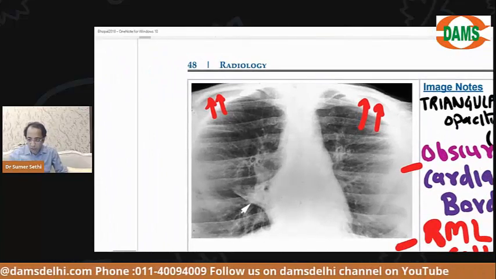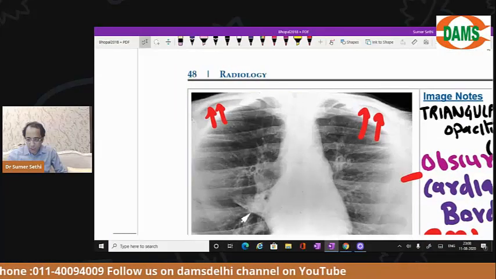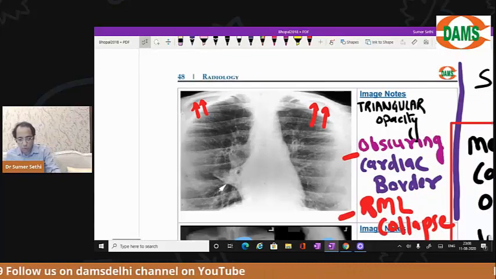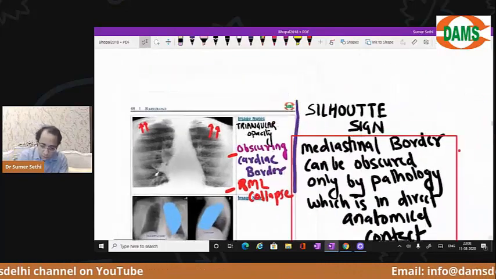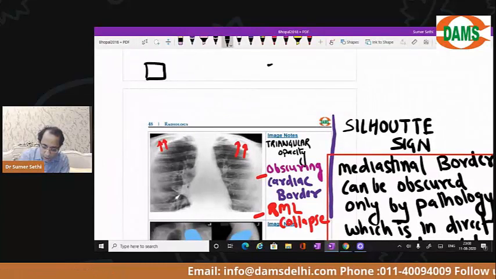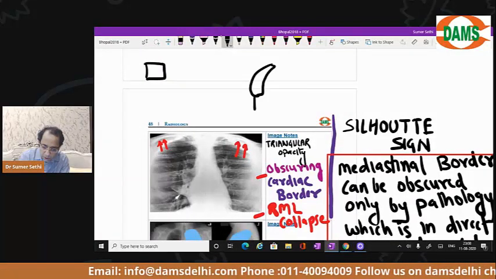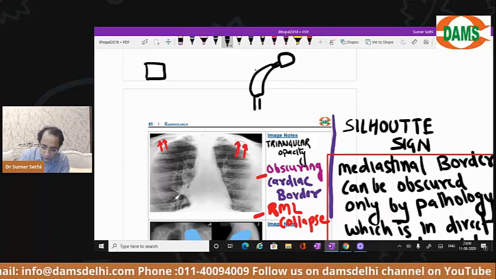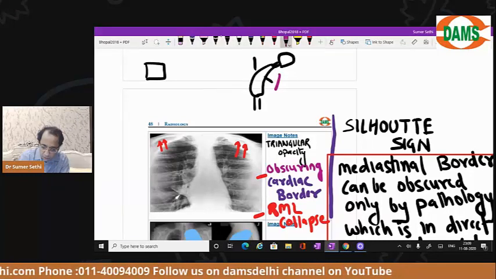Why? Now try and understand how this X-ray has been done. Let me explain to you. Suppose this is your X-ray machine and this is your patient, and this is where you have the X-ray film.